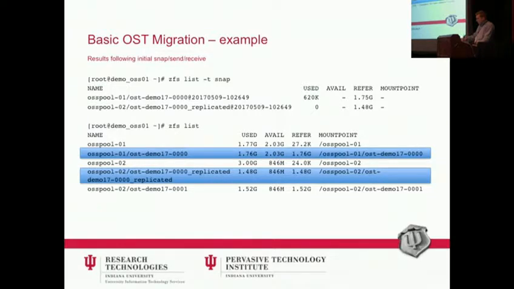If anyone picked up on the size differences between the two, that's a result of changing the record size at the beginning. You'll notice one says 1.76 gig in use and one says 1.48 gig in use. When we change the record size from 128K to 1K, you can account for that missing 318 meg of space because of that.